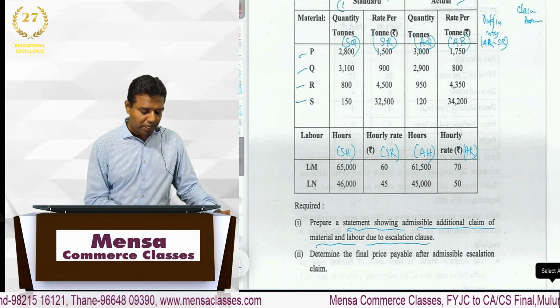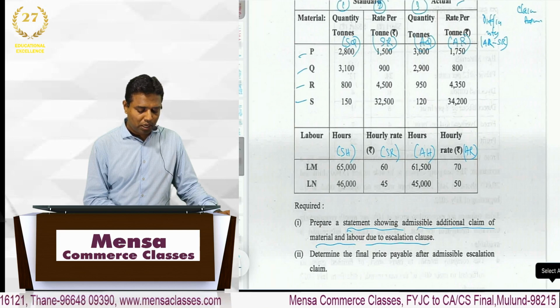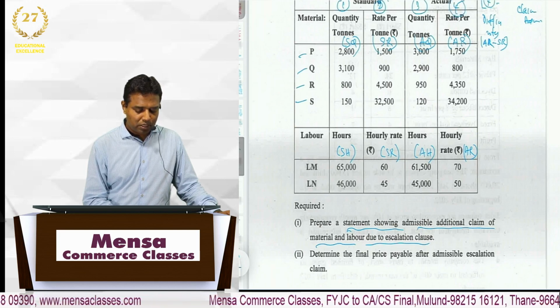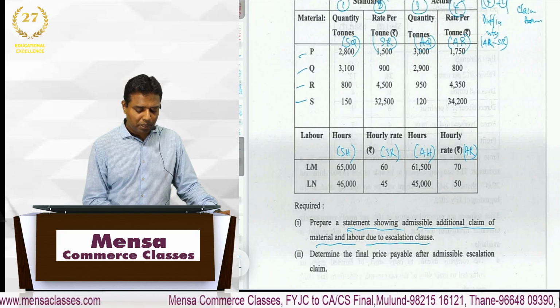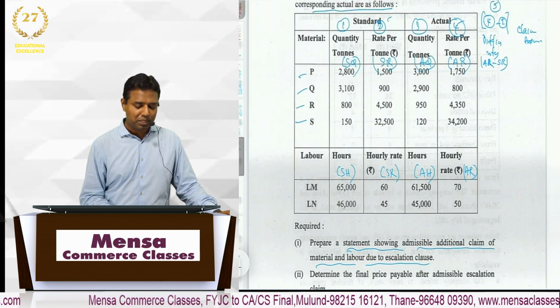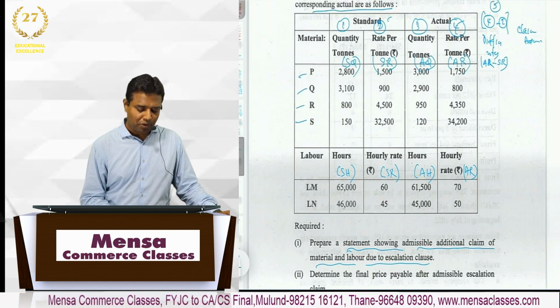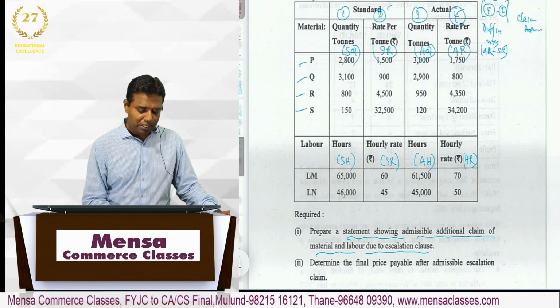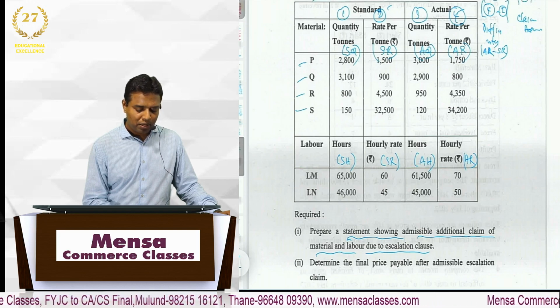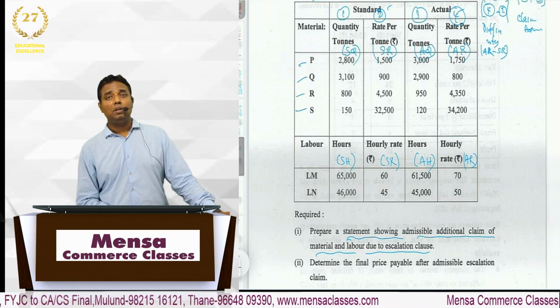So how do I get this column? Let's name the columns 1, 2, 3, 4. So this will be nothing but 4 minus 2, and this will be our column number 5, correct? So this admissible claim will be nothing but the standard quantity, which is column number 1, into column number 5.